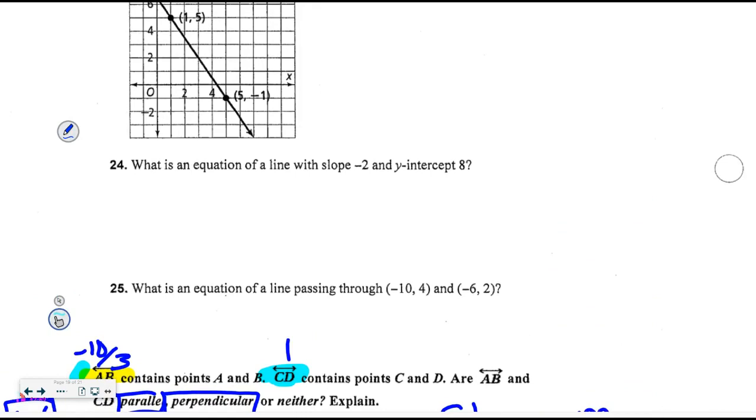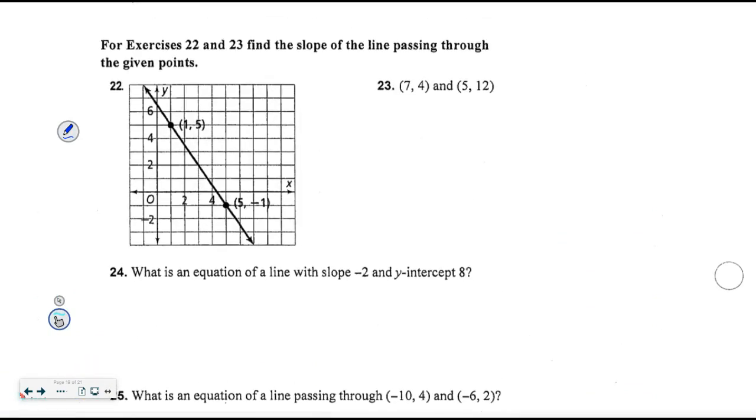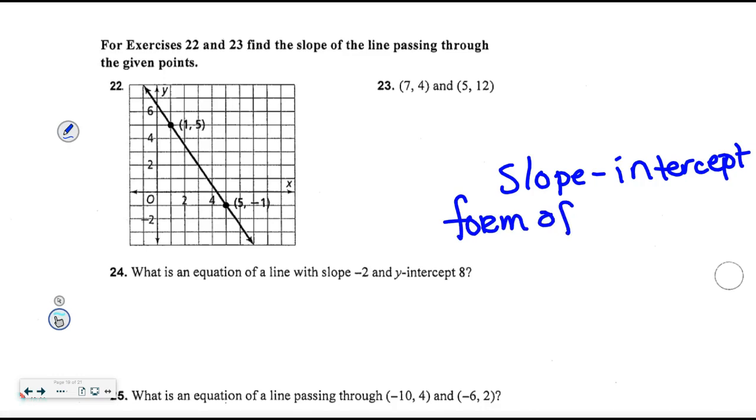Next thing on your note card. For 24, 25, you're going to write slope intercept form of a line.